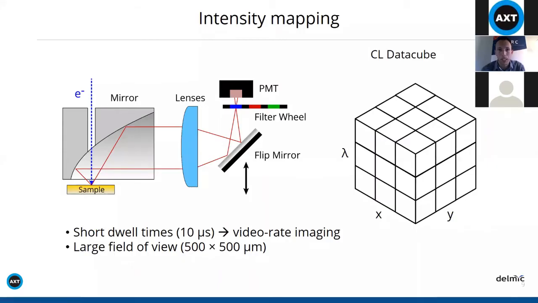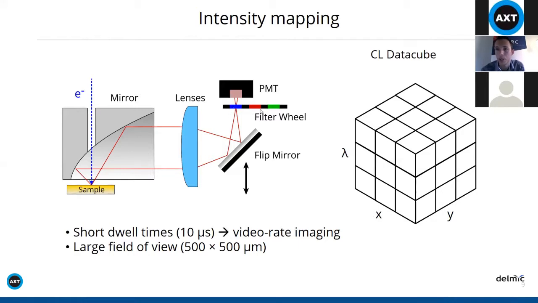So the most important CL imaging types are intensity mapping, in which you raster scan the beam over your sample. For every point you collect an intensity with a single pixel detector, such as a photomultiplier tube. In front of this photomultiplier tube, there can be a filter wheel.